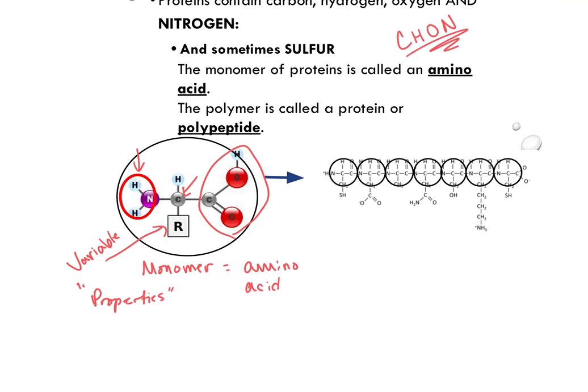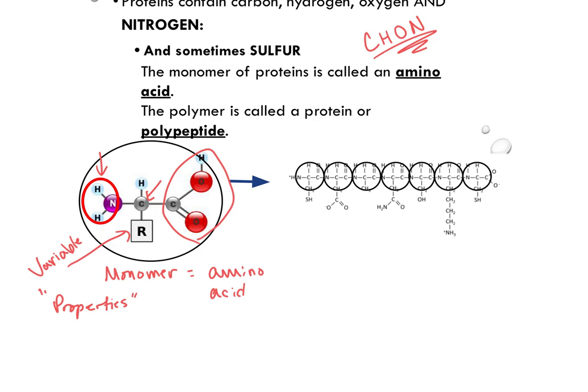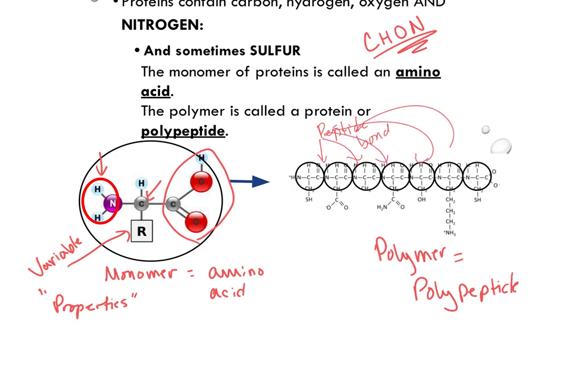However, what these amino acids can do is that they can form peptide bonds between each of them and form our polymer. Now, the technical name for our polymer is what we call a polypeptide. And that makes sense because poly means many, and well, there's many of these peptide bonds connecting these amino acids.